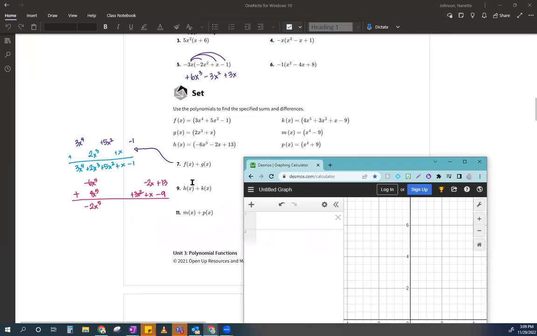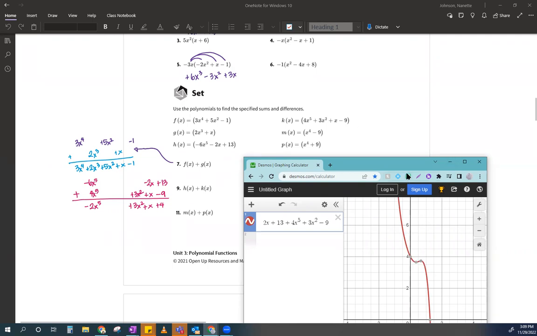So I'm just going to plug in h of x, which is negative 6x to the fifth minus 2x plus 13. And then I'm going to add that to k of x, which is 4x to the fifth plus 3x squared minus 9.